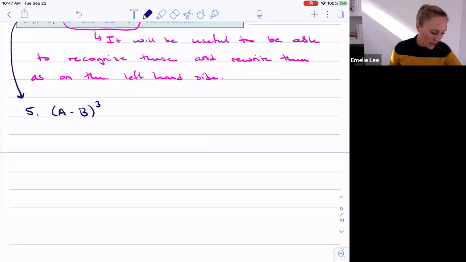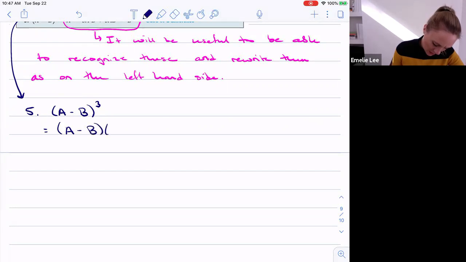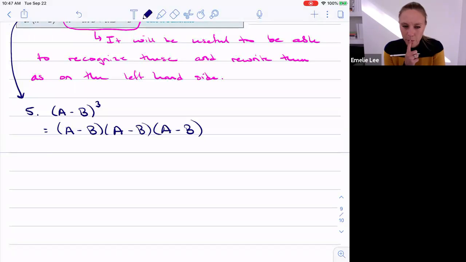We've got a minus b to the power of 3. Remember exponents, that's just a minus b times a minus b times a minus b.